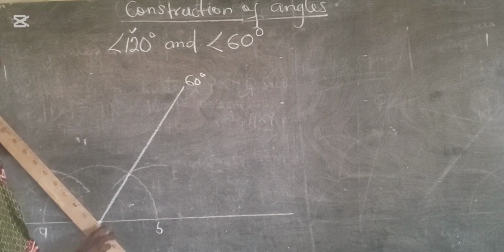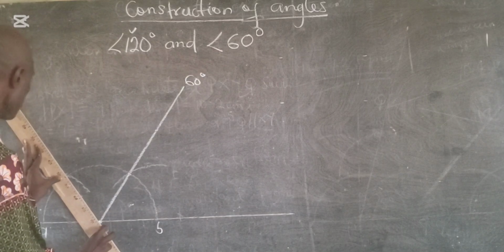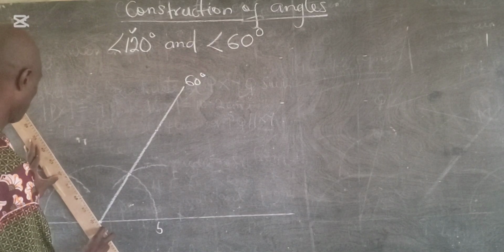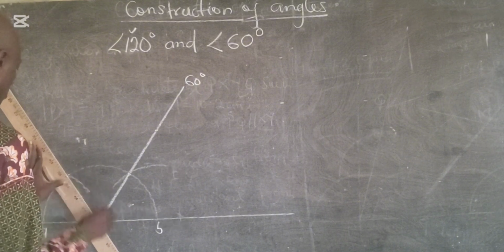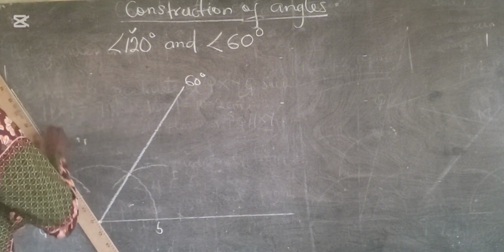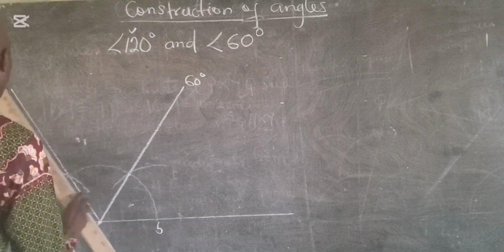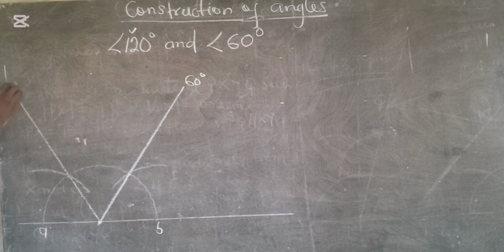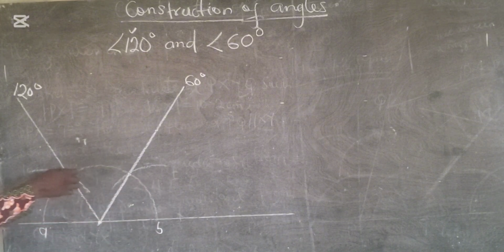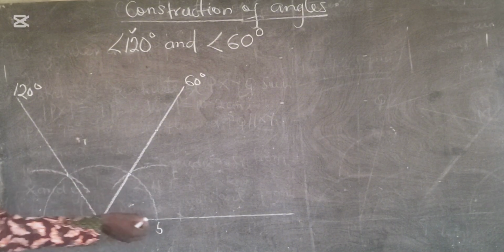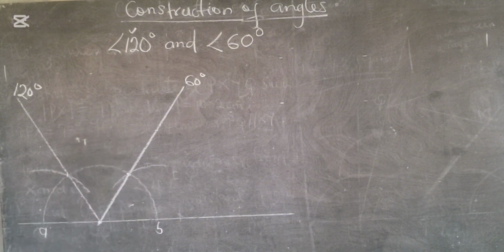When you now draw again from here, through here, to the point, this angle is 120 degrees, meaning that from here to here is 120, while from here to here is 60.